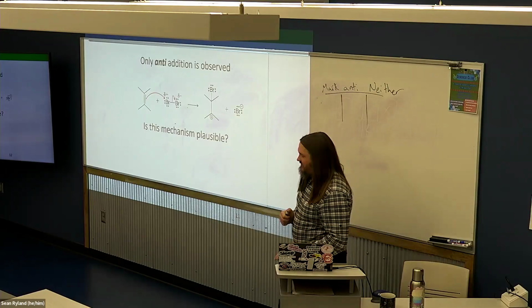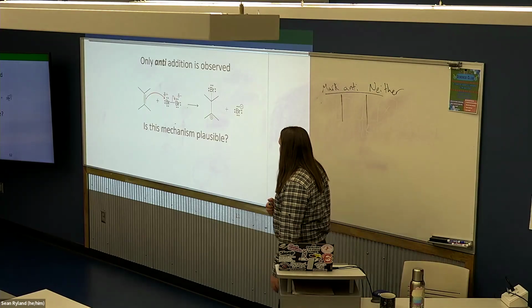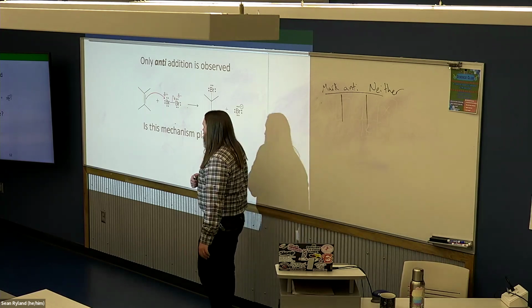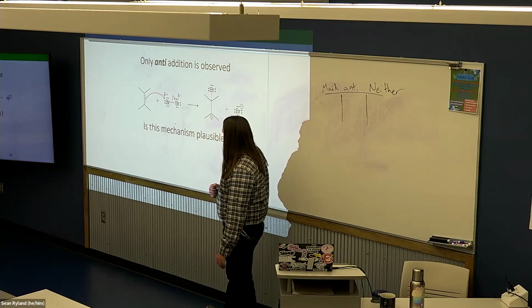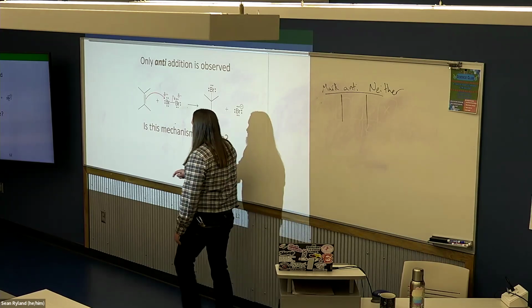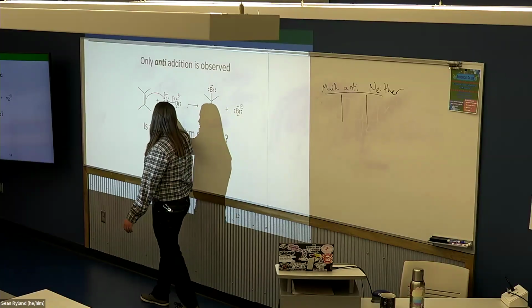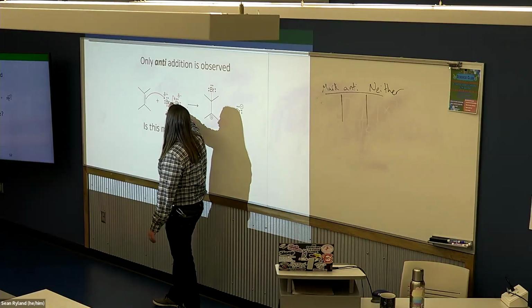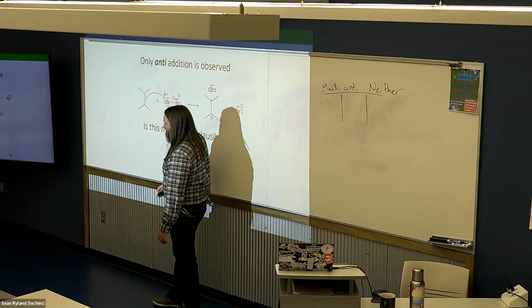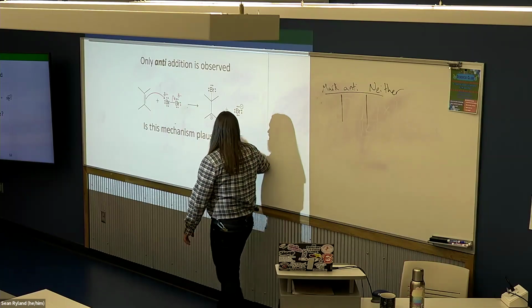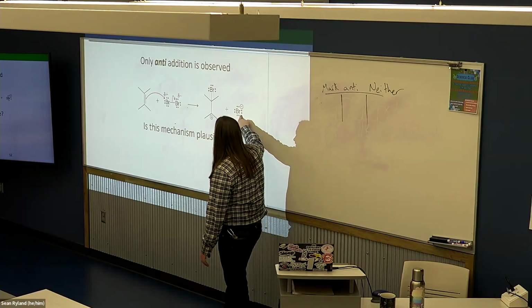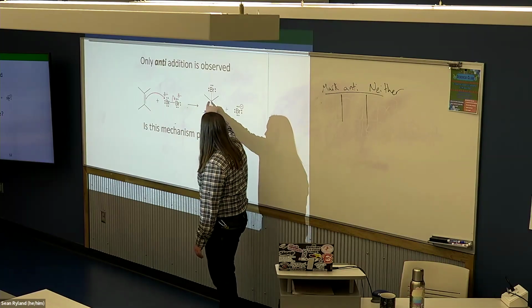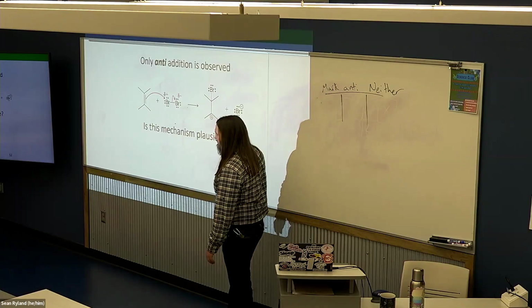So if we're looking at mechanisms, does this mechanism make sense? You've got extra electrons in the pi bond, you can send those electrons to the bromine, the other bromine can take the electrons away. And we get bromide, which we know is relatively stable and a decent nucleophile. And then bromine here, and then a carbocation.